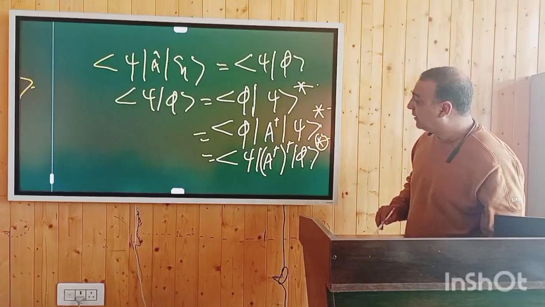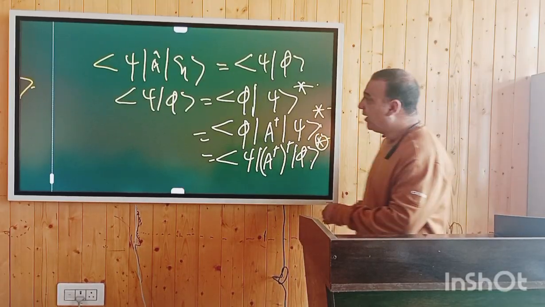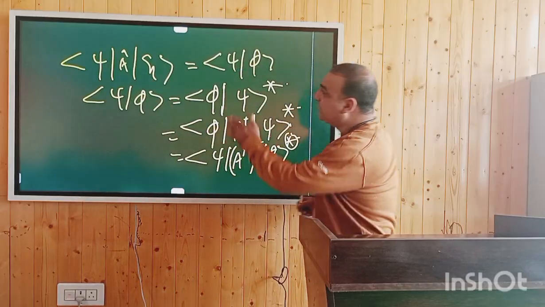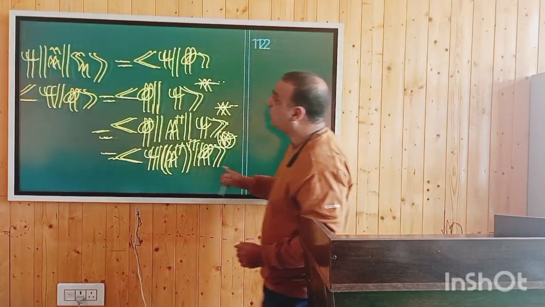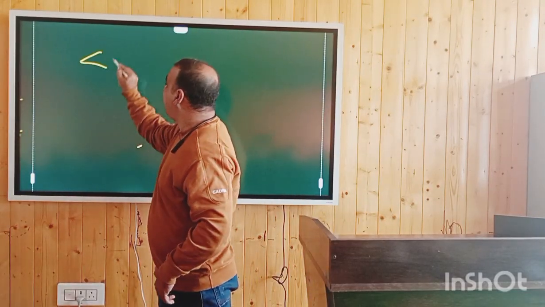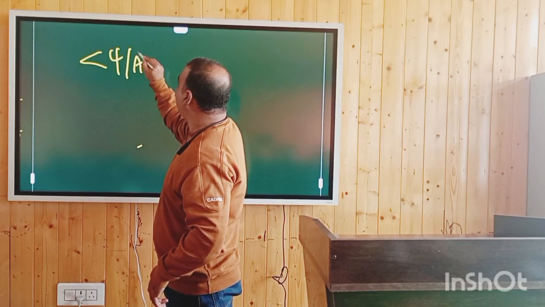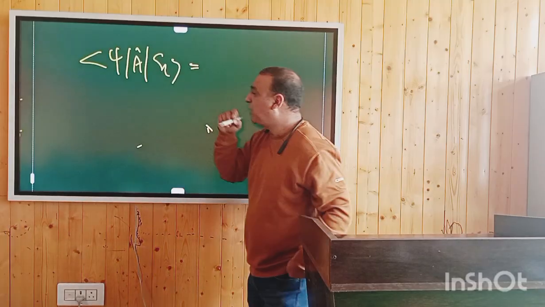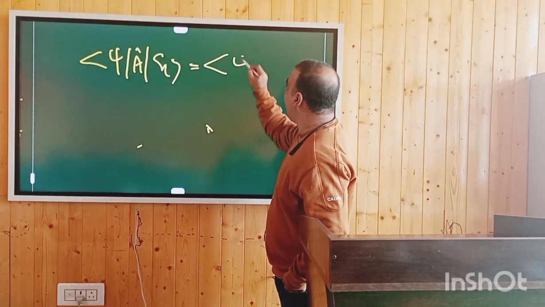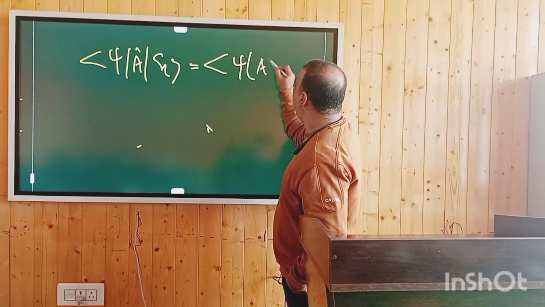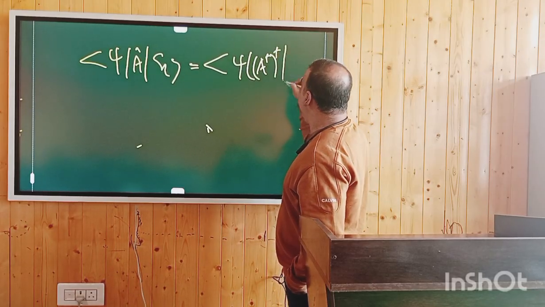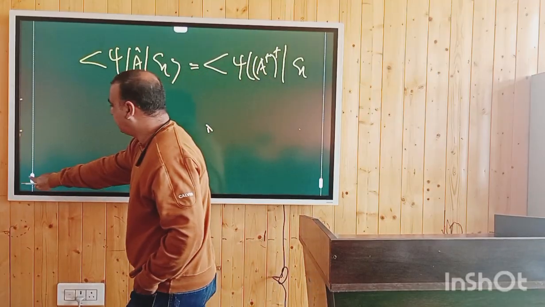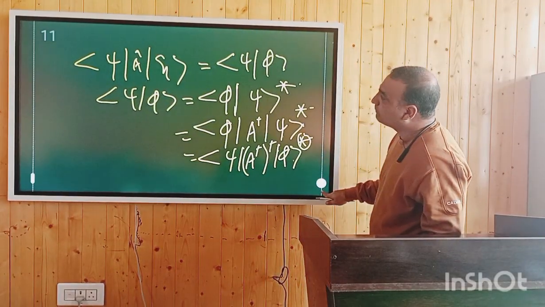So now I have the two equations. I have psi A cap zeta. And what about here? It is equal to psi, and you have A dagger, raised dagger, and zeta. Phi. Oh no, something is wrong.